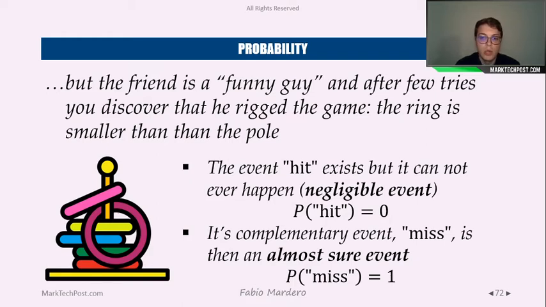So this is called a negligible event. In fact, its probability is equal to 0. Its complementary event, the miss, is then an almost sure event. In fact, the probability of miss now is equal to 1. So we have the same probability as we have seen, for example, in the null set and in omega.